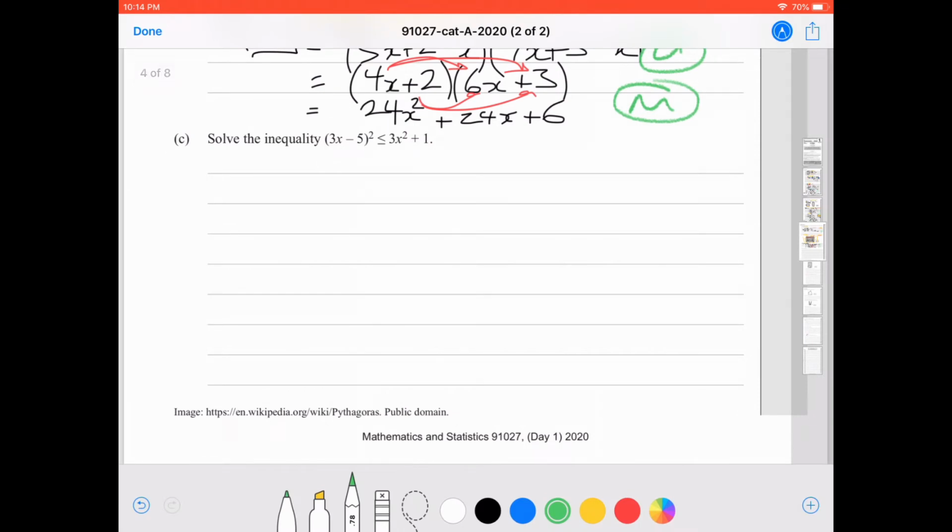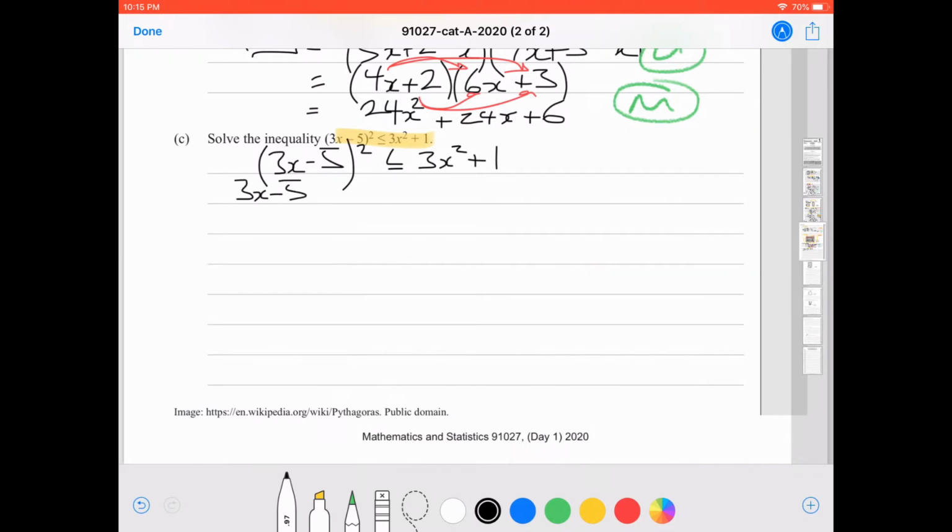Question 2c now. Solve the inequality 3x minus 5 all squared is less than or equal to 3x squared plus 1. Okay. So 3x minus 5, that's all squared, is less than or equal to 3x squared plus 1. The first thing we have to deal with is this binomial 3x minus 5 all squared.